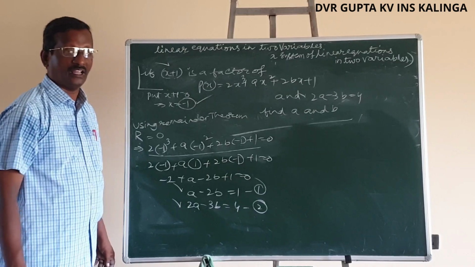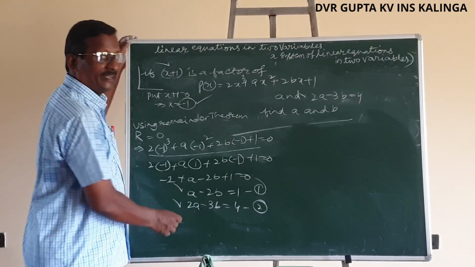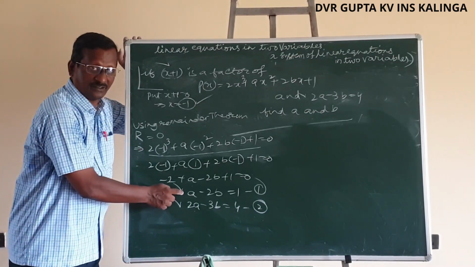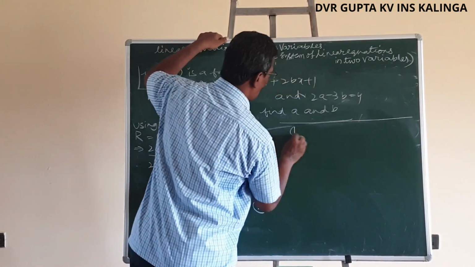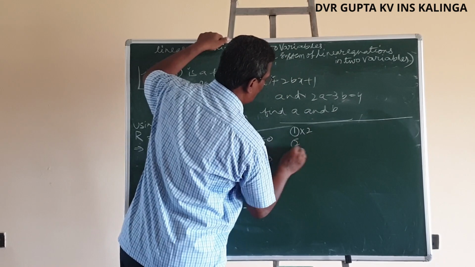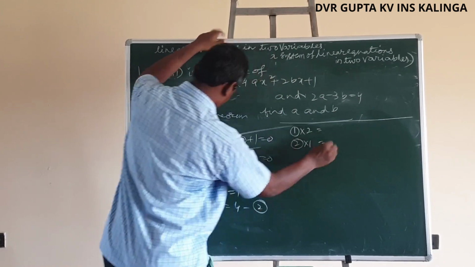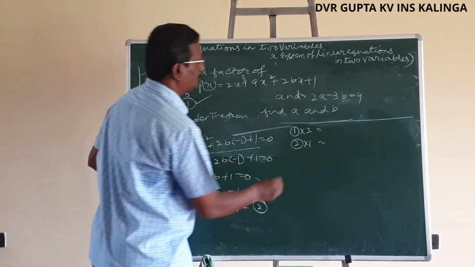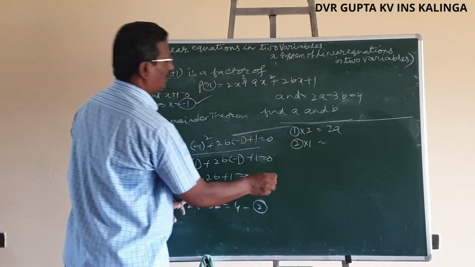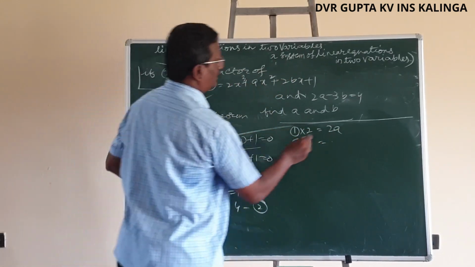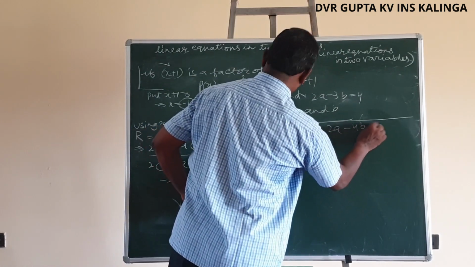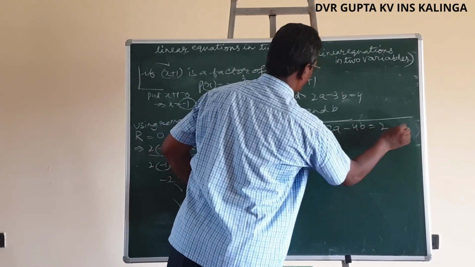Here both b coefficients are negative and a coefficients are positive, so I prefer to eliminate a. To eliminate a, I want to multiply the first equation by 2. Equation 1 into 2, equation 2 into 1. 2 into a is 2a, minus 2b into 2 is minus 4b, is equal to 2.